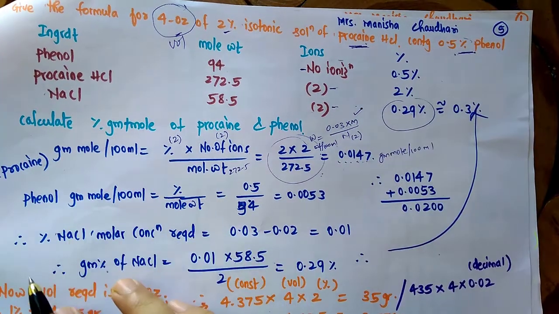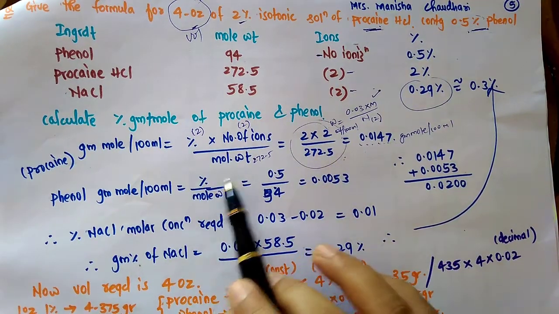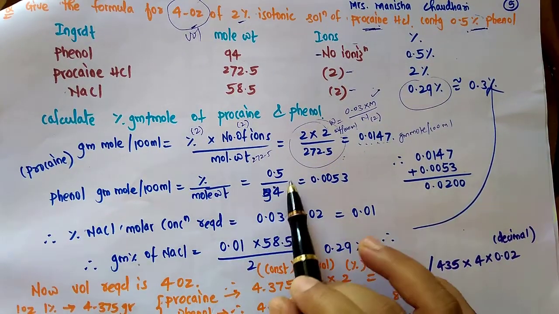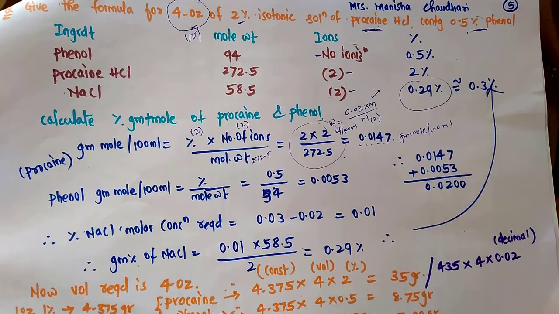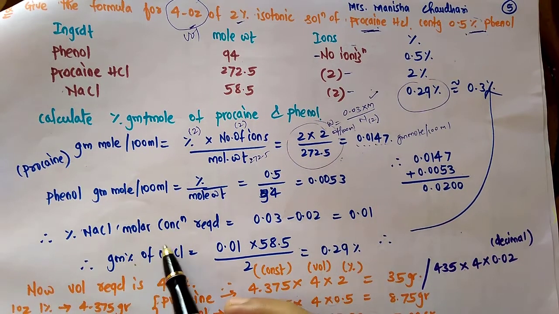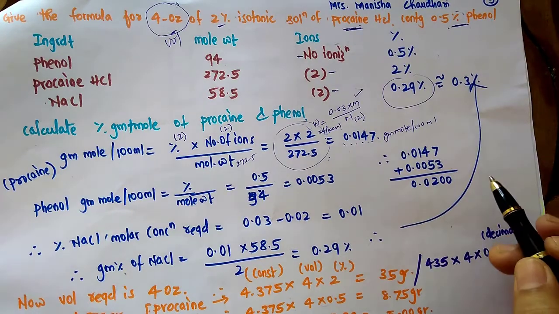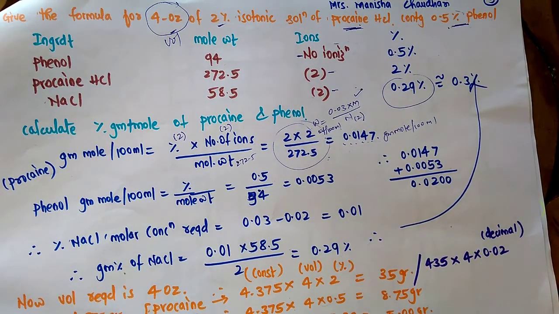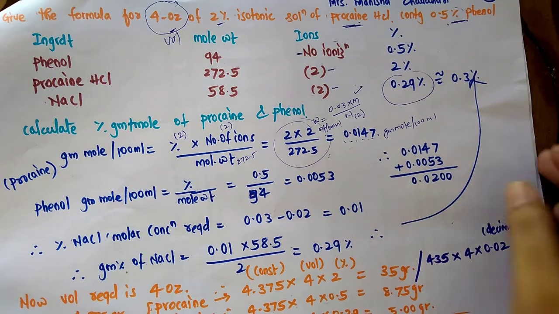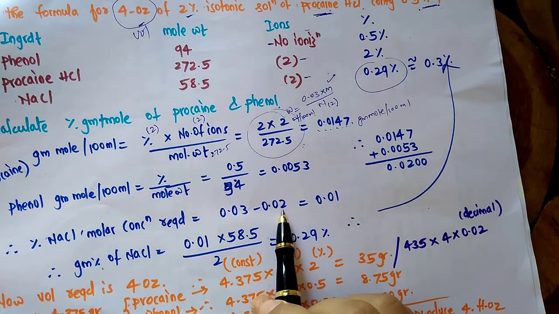In the same way we will calculate for phenol. Since phenol is non-ionizing, the formula will become percent divided by molecular weight. So it is 0.5 divided by 94, which will give you the answer 0.0053. Now the NaCl molar concentration required: 0.03 was the total in the formula, so you are supposed to subtract 0.02. Why is it so?